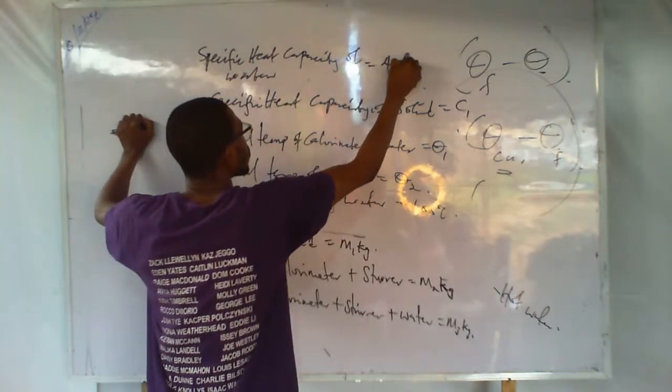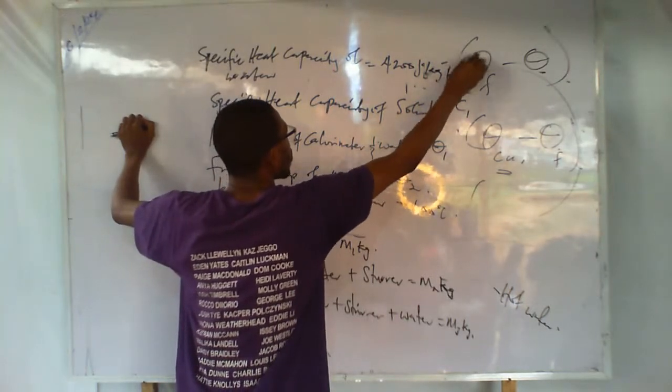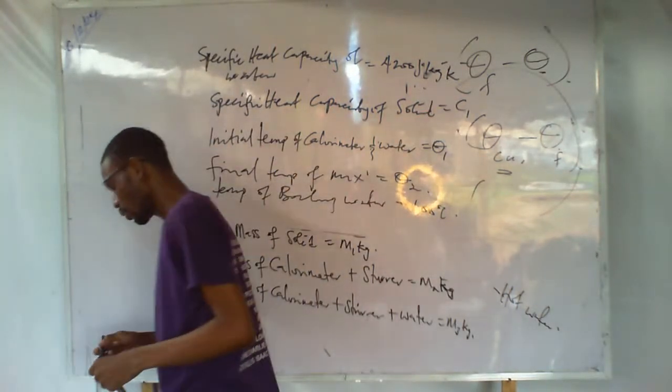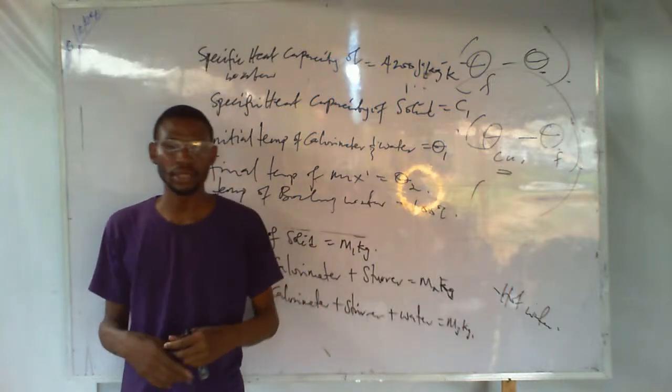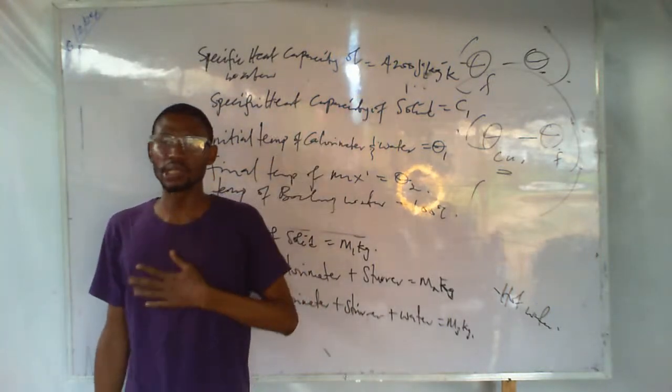That should be 4,200 joules per kilogram per Kelvin. That is the specific heat capacity of the water.